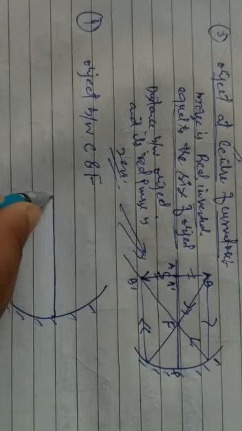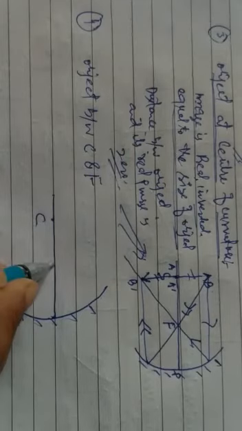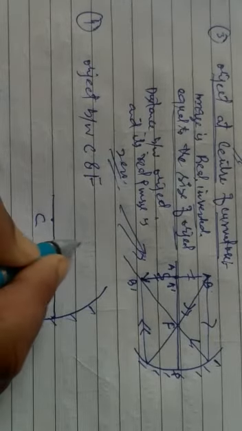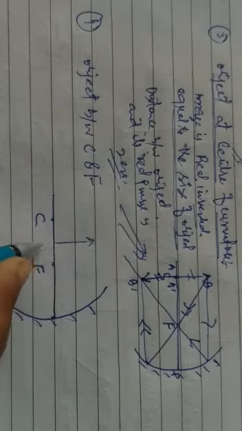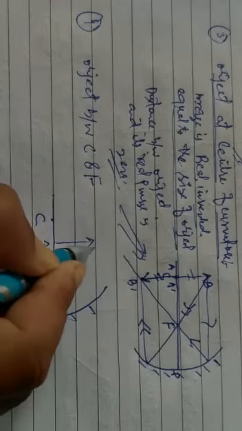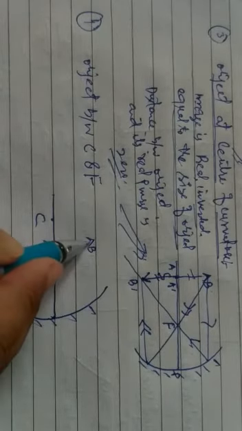Let this be the principal axis. This is somewhere the center of curvature. This is somewhere the principal focus. Now we have the object here. Let this be A and this is B. In order to form its image, we took two rays from this point.